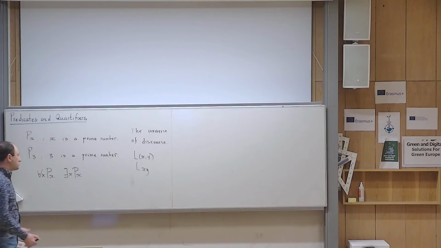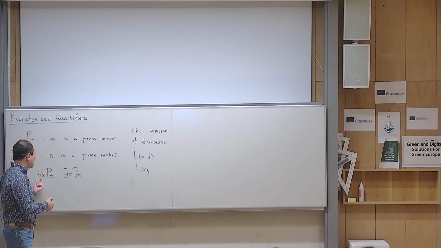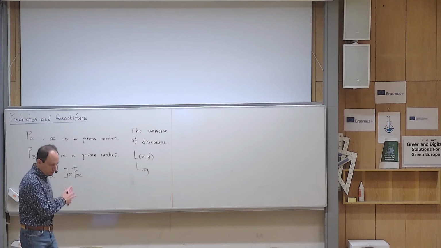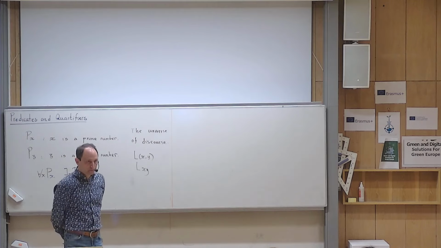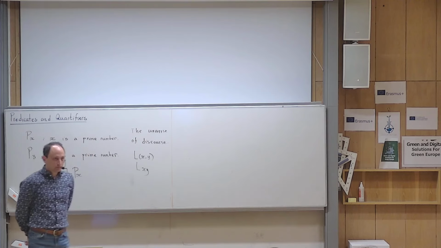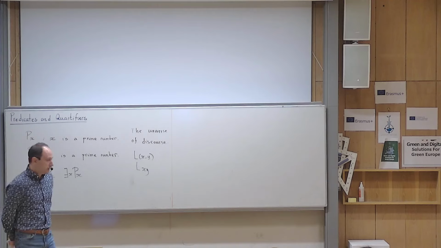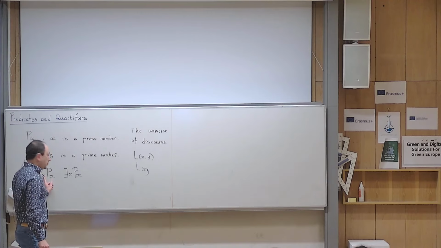So have this in mind. If someone asks you why quantifiers are useful, quantifiers are tools that we can use to transform a predicate into a proposition. Yes, I'm sorry, I can't miss what the universe of discourse was. That was like the set of elements, a set of elements that we can choose the variables from.